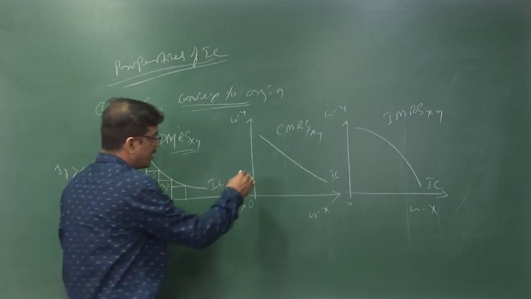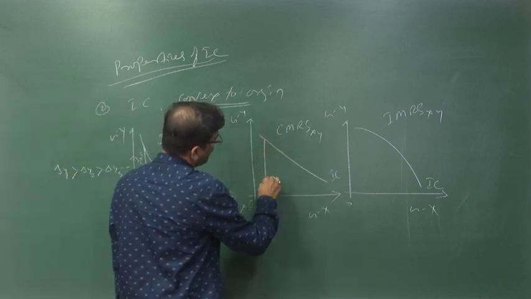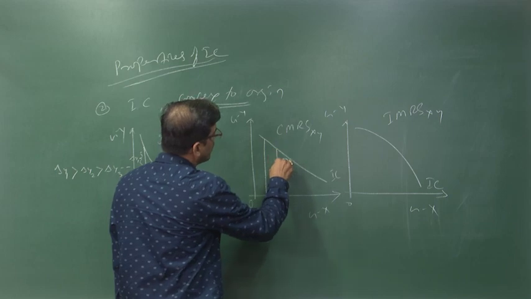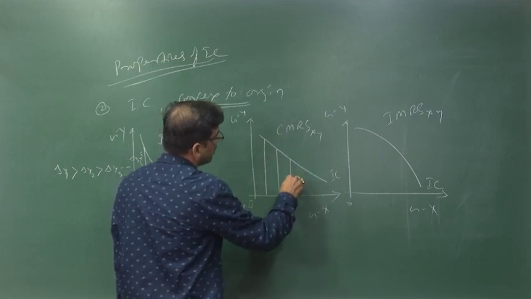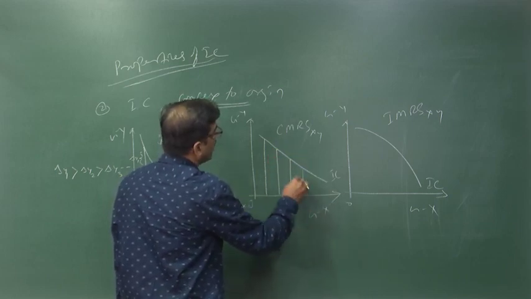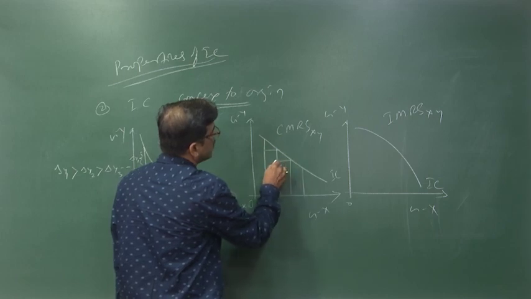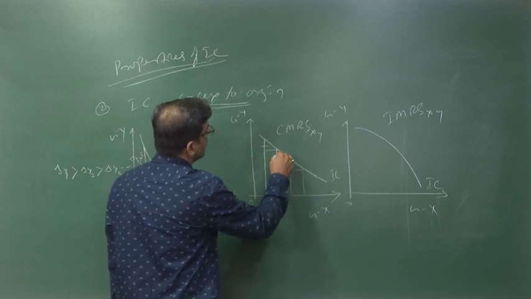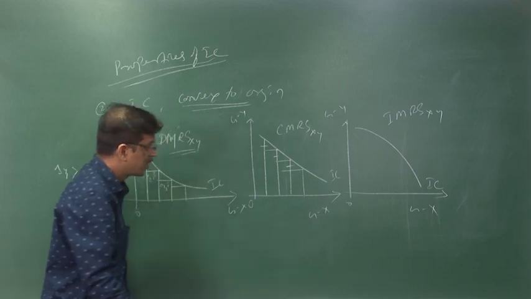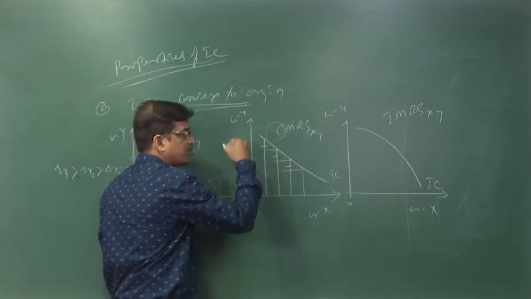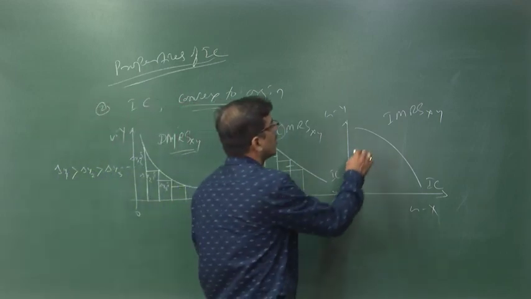But what happens here? If you move by an exactly equal increment of a particular product, the sacrifice rate remains the same everywhere. That is called the constant marginal rate of substitution x per y. But what happens here?